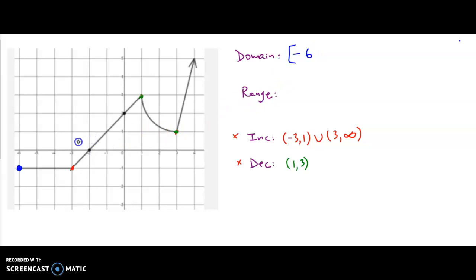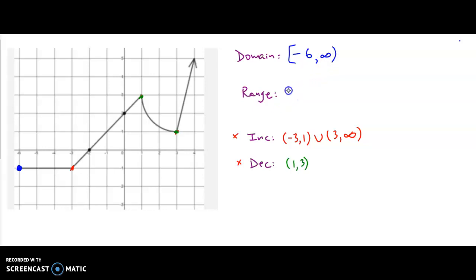And then, what's the farthest right it goes? There isn't, right? It just keeps going to infinity. Yes, it's increasing. The y values are getting higher, but it's also going to the right as well. So this is -6 to infinity with parentheses.